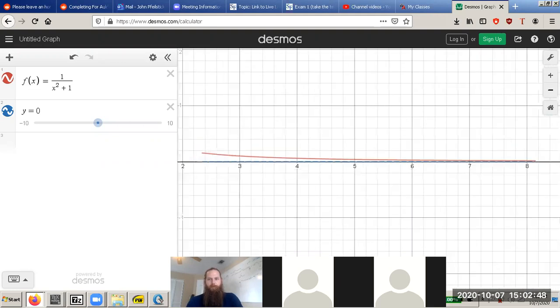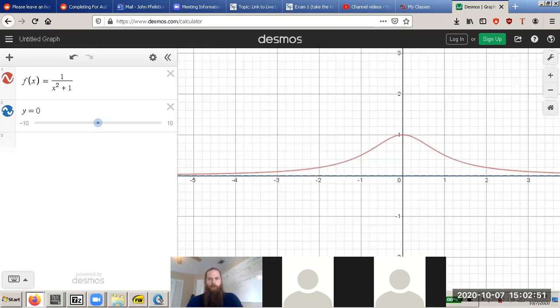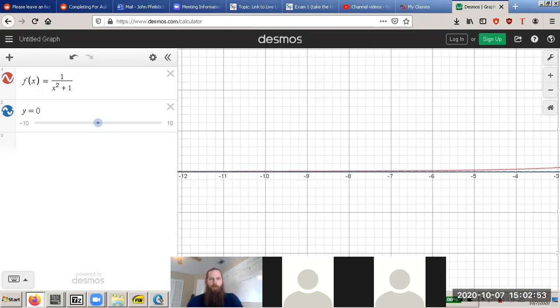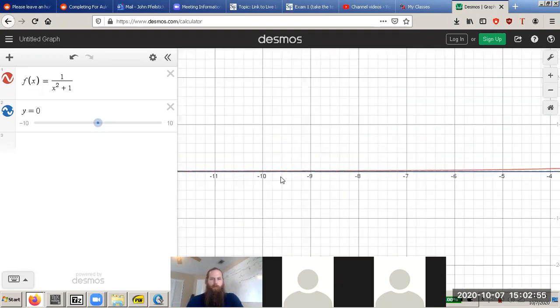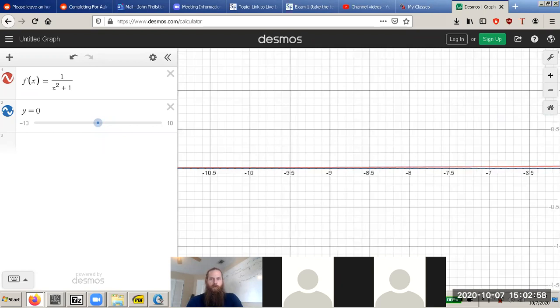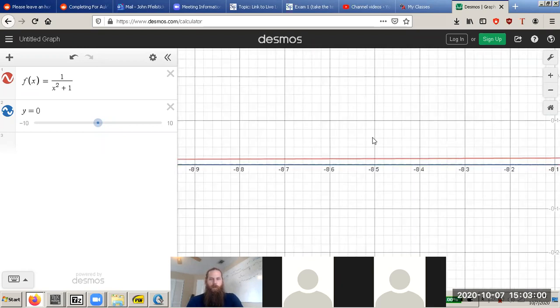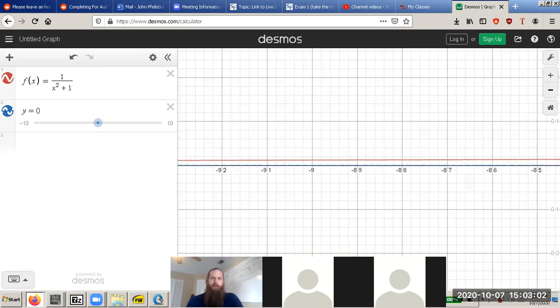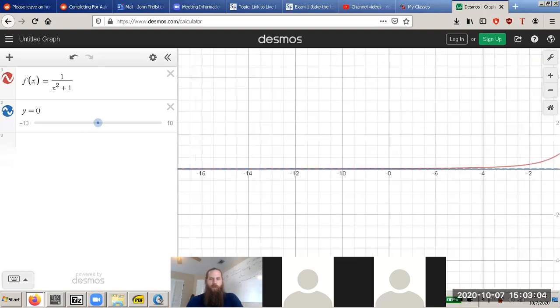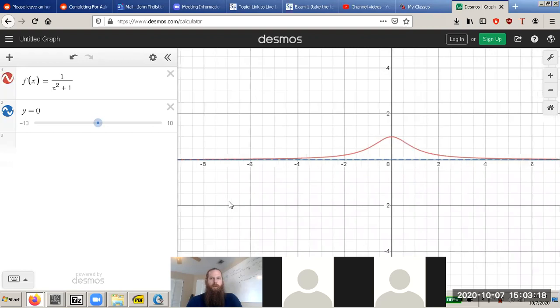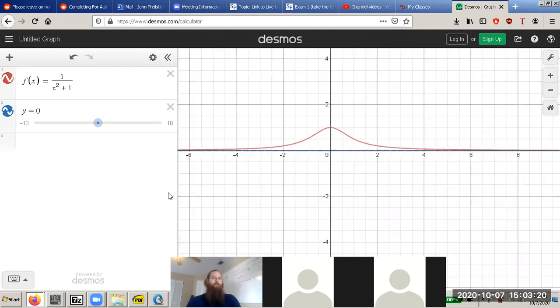Also, as I wander further off to the left, the graph of my function, the red, sits down closer and closer to that blue dotted line. This is that goes-to notation in action. As x goes to negative infinity, so as my x's get more and more negative, my y values get closer and closer to 0. So here I would say that y equals 0 is a horizontal asymptote for this function.